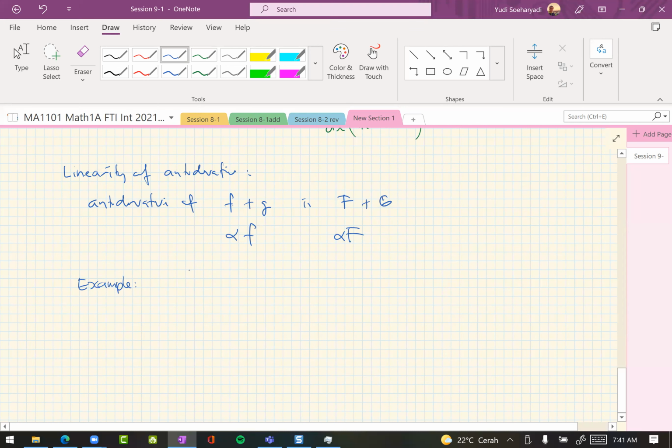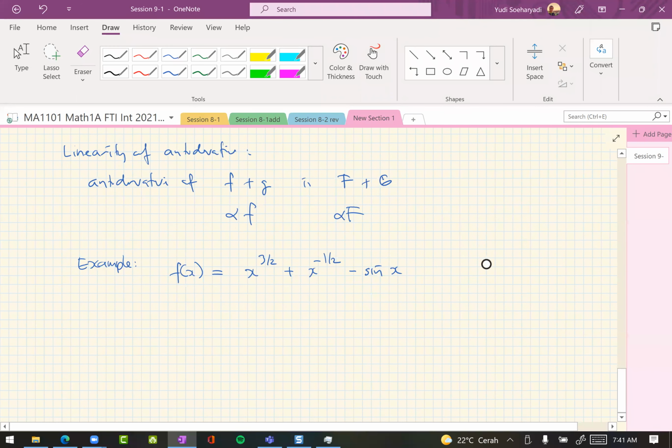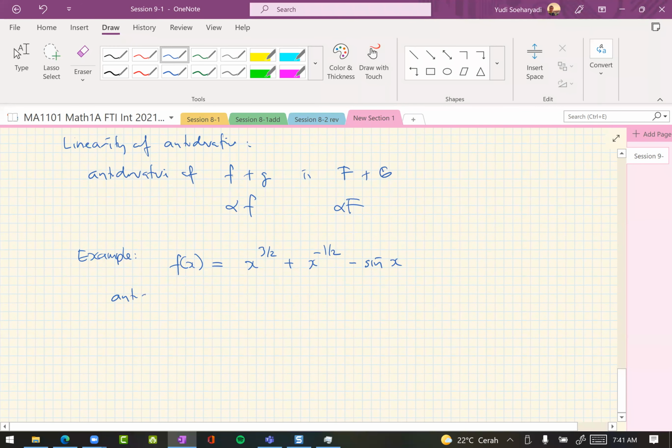so given this f, the antiderivative is, say this is 5, this is 7, right? You can take the antiderivative of each of these using the rules that we have so far.